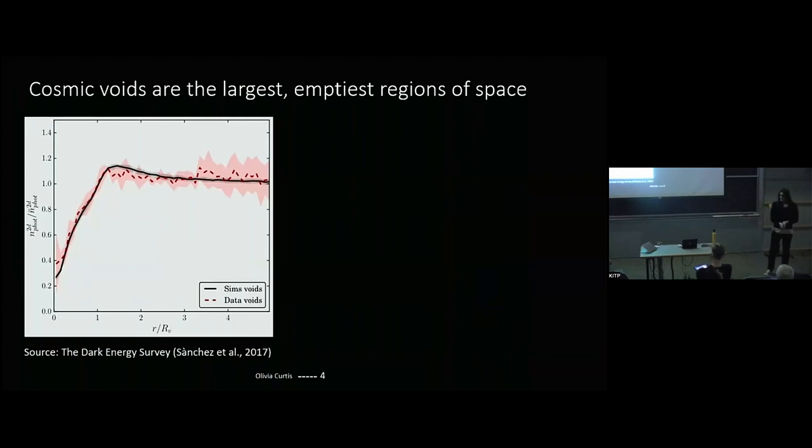What DES found was that indeed the interiors of voids are truly underdense in galaxies compared to the average of the survey, but not completely empty, with this concentration of galaxies increasing up to a maximum just beyond one void radius. That's what's known as the wall or the ridge of the void, the location around the outskirts of the void that all matter interior to the void is gravitating out towards, before leveling off to the average of the survey out to larger void radii.